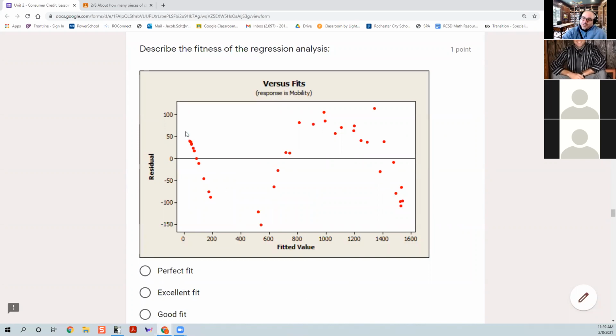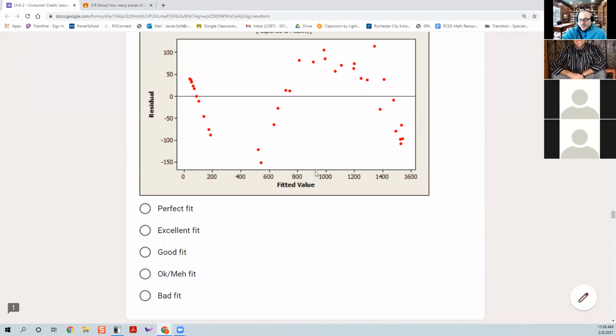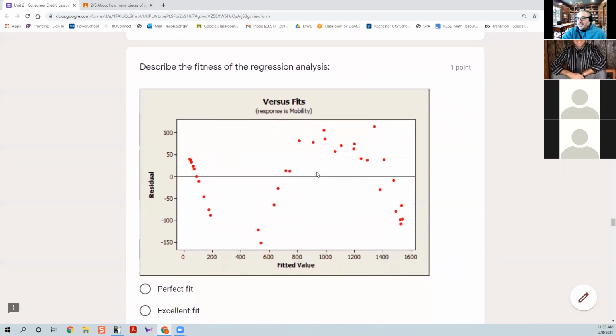If I had to choose a function, I would choose some kind of polynomial function that went down here, goes back up, and goes back down. I would think a quartic function might be able to match that, or a cosine function. Something's going on there, but linear definitely does not fit this data. It's definitely a bad fit.